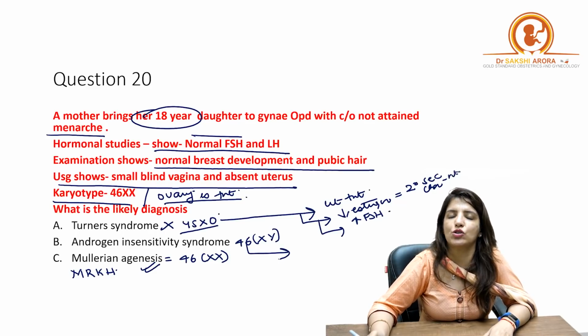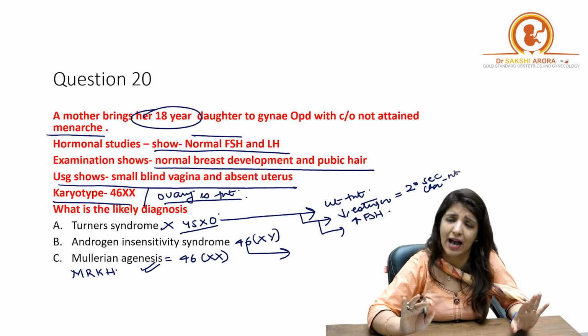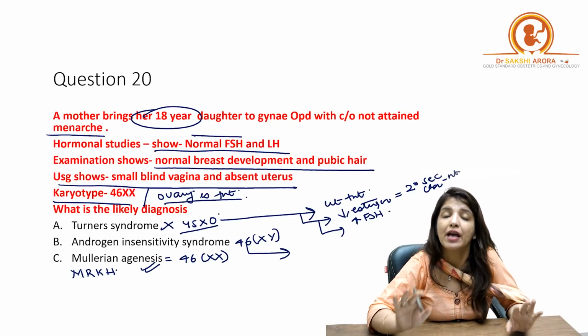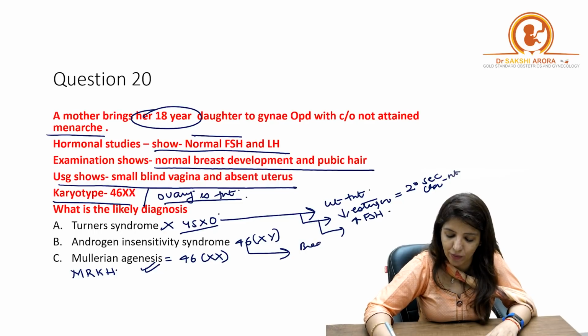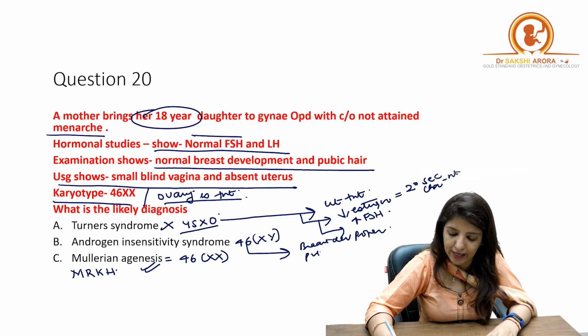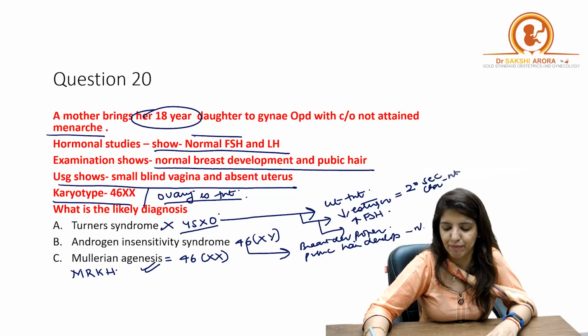Why is it not a case of androgen insensitivity? In androgen insensitivity, yes, uterus is absent, that is right. But in androgen insensitivity syndrome, breast development is proper, but pubic hair development is not there. Pubic hair development is absent, right?